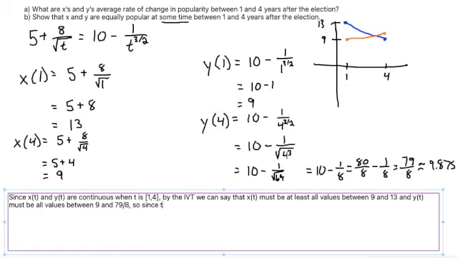So since these values span each other, the two functions must cross at some point between t is 1 to 4.